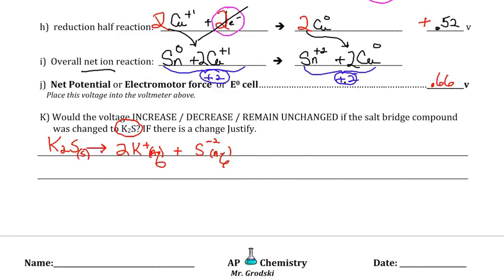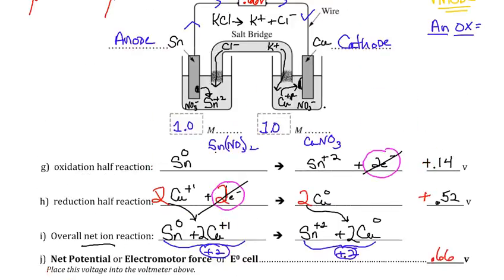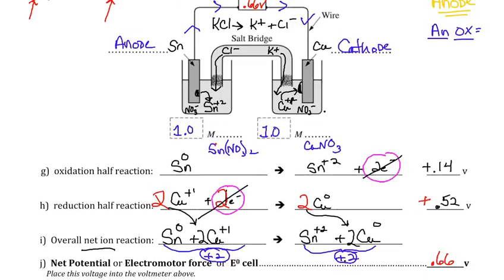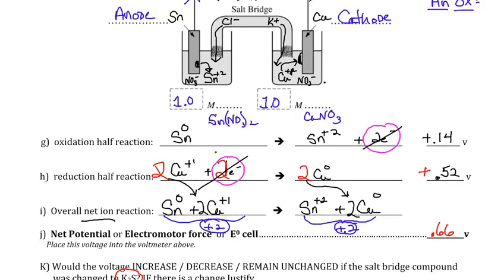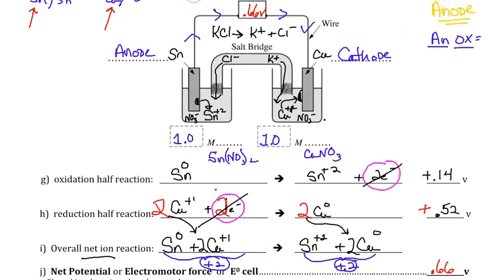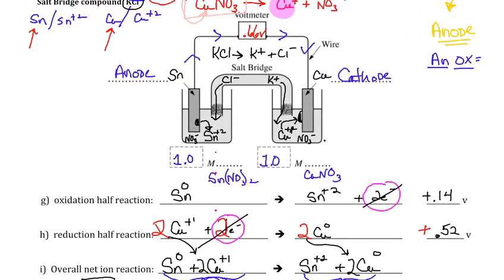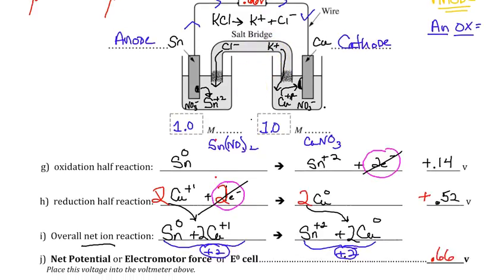So what I'm adding is K plus. Let's go back and see what happens. Now if I added K plus and S negative 2, I think I have an issue with this, because K plus is a common ion with the salt bridge, but is it a common ion in the overall reaction?